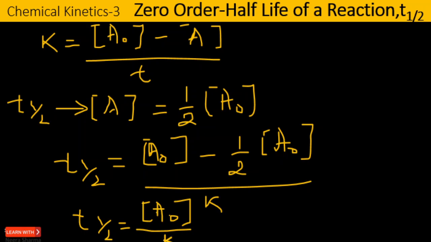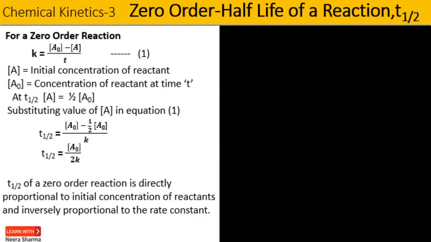So half-life of a zero order reaction is directly proportional to the initial concentration, and it is inversely proportional to the rate constant. Now here, this is what we have got. The half-life of a zero order reaction is directly proportional to the initial concentration of reactant and inversely proportional to rate constant.